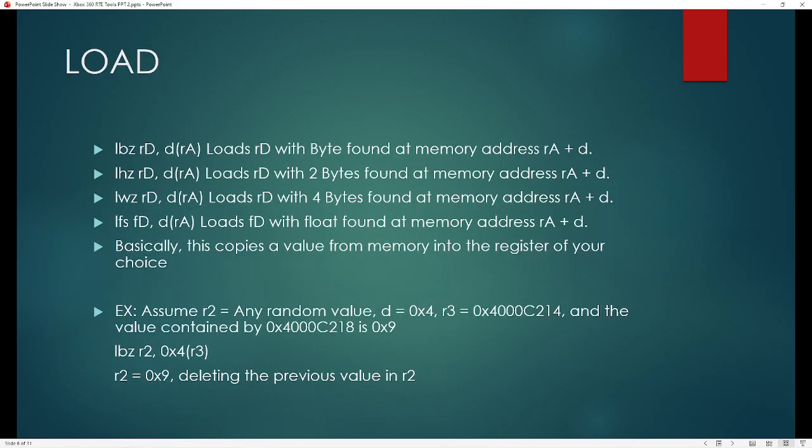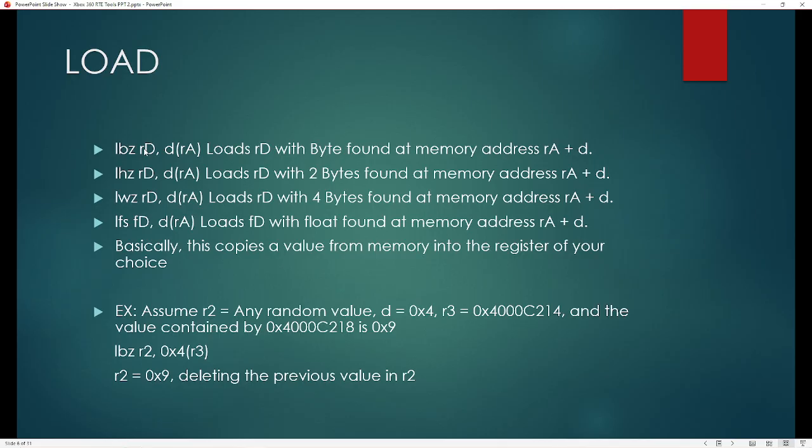Then there's loads. This has the same format as STW, sort of. So first off, this is going to take the memory found in D plus RA and store it to RD.